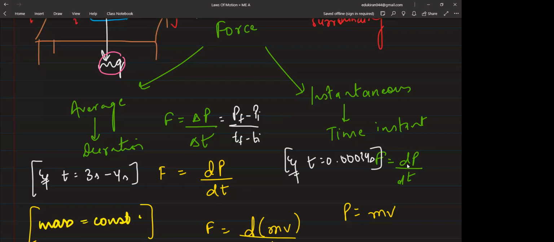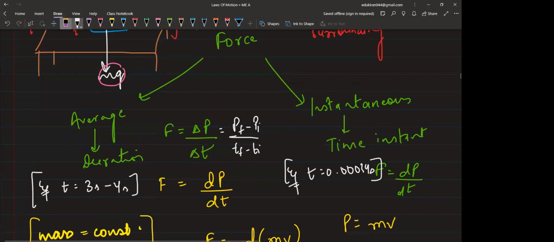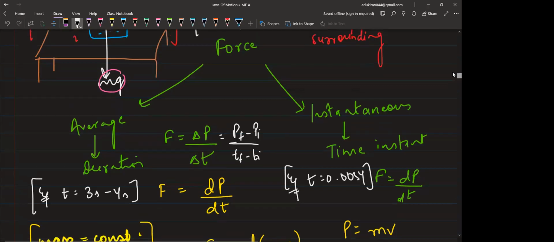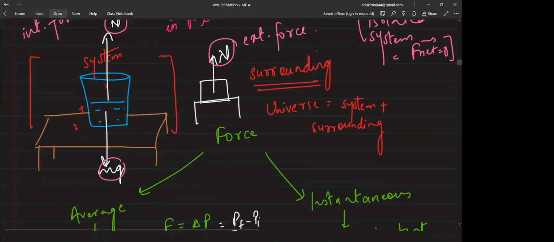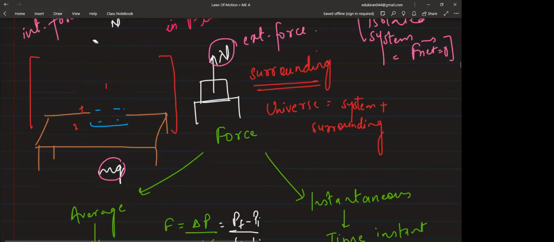In instantaneous, you differentiate when you are asked about a particular instant of time. Now let me explain this again because it won't be clear with this.